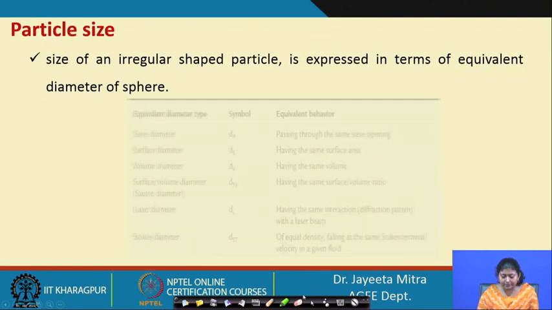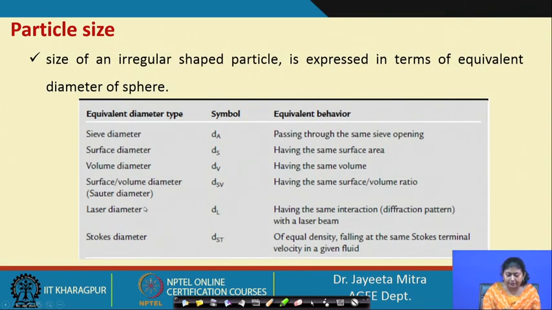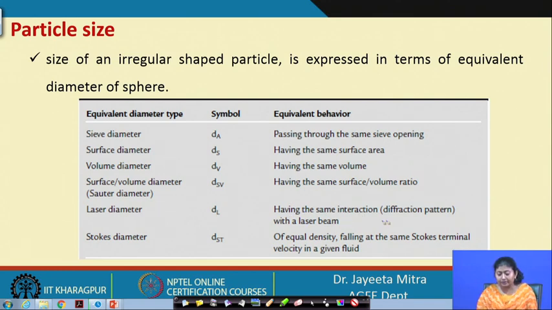The size of an irregular shape is also expressed in a kind of tabulated form. All those things that we have just discussed, based on surface area, based on sieve opening, based on projected area, can be categorized under different categories like sieve diameter, surface diameter having the same surface area, surface to volume diameter, which is also called the Sauter diameter, having the same surface to volume ratio, and laser diameter, having the same interaction or diffraction pattern with the laser beam.